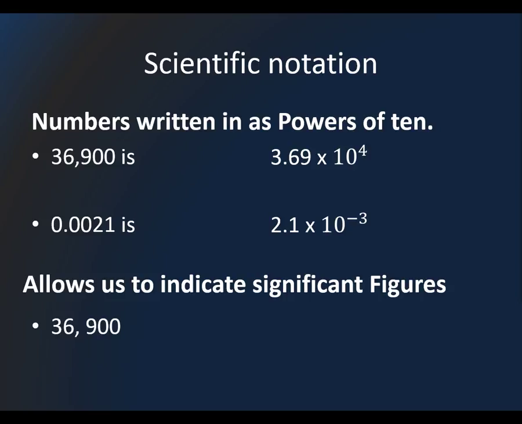So if we have this number, 36,900, and we want to know what it is with 4 significant figures, we change it into scientific notation, which we know is 3.69 times 10 to the fourth. But because we want 4 significant figures, we keep an extra 0: 3.690 times 10 to the fourth.